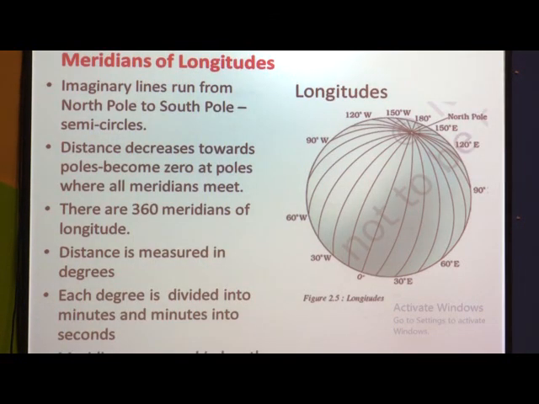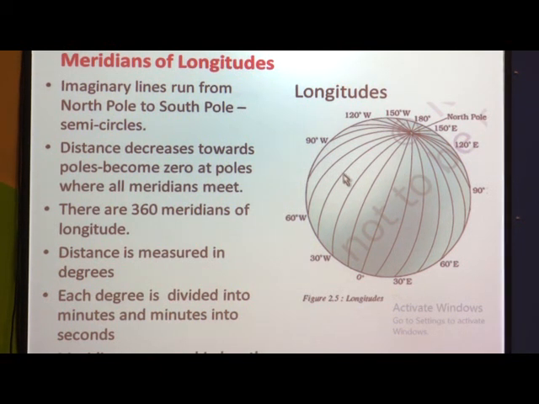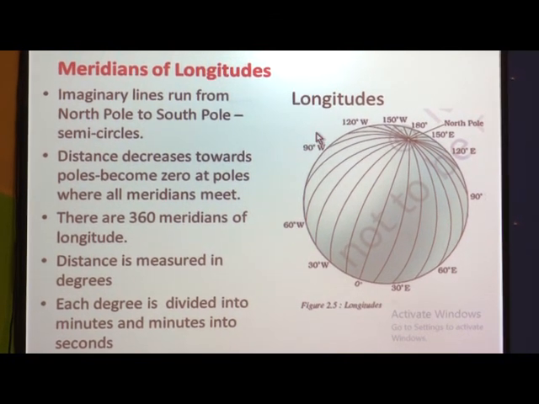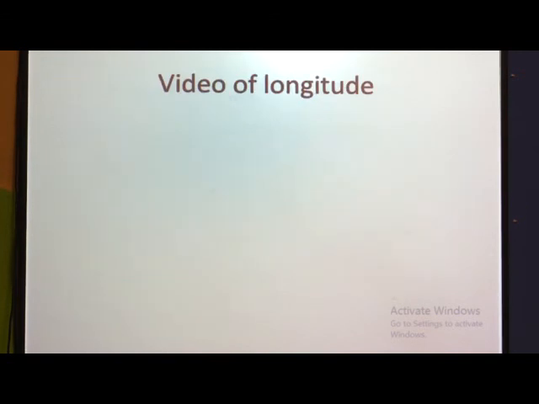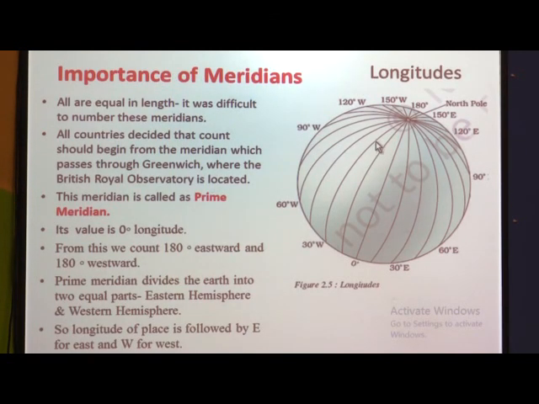Then we have seen longitudes. Okay, longitudes are the vertical lines on these globes, and their distance goes on decreasing. They become 0 when they meet at the poles. Total there are 360 meridians of longitudes. Then we have seen the importance of these meridians, children.